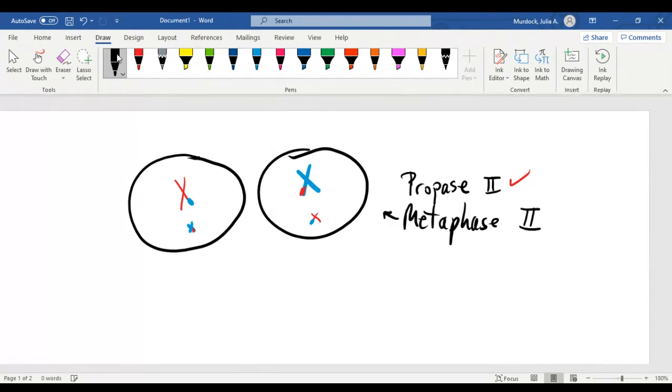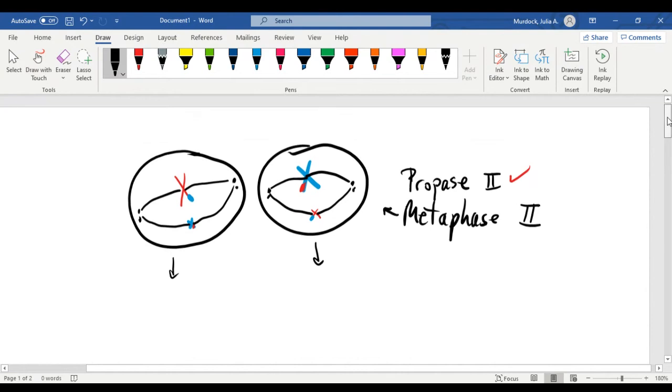Okay, so this is in metaphase II. You have a new set of spindle fibers that are going to attach themselves this time to the centromere of each chromosome. There, there. Metaphase II looks a lot like mitosis, ordinary metaphase. There, okay. And then the next thing that happens is Anaphase II.